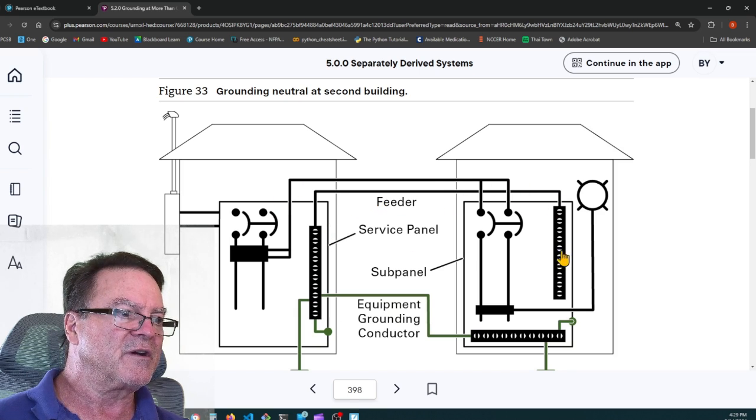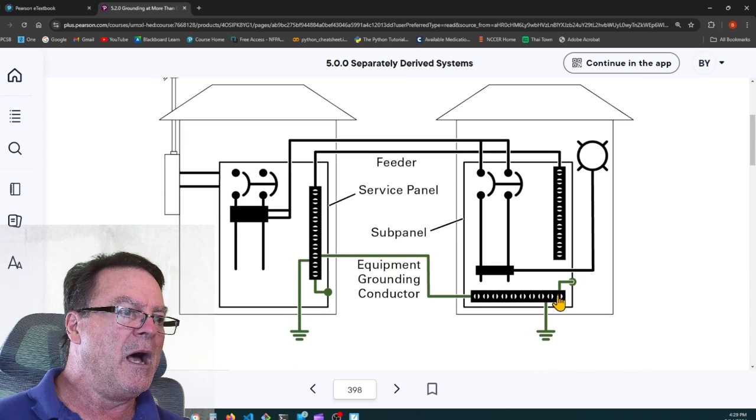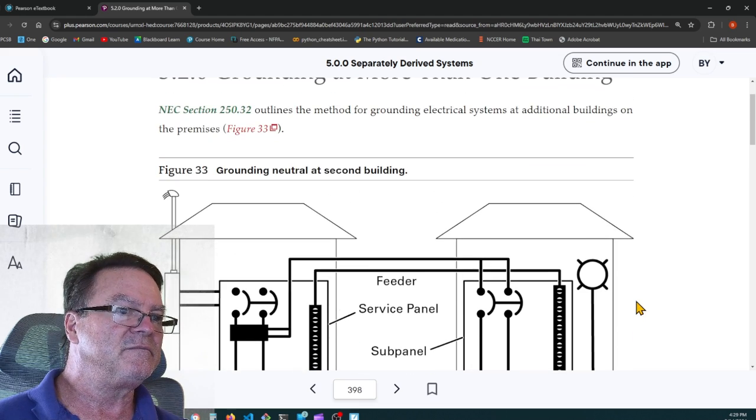Here is the neutral conductor going to the neutral bar, and then the equipment grounding conductor goes with it and goes to a grounding bus bar in the separate building. But they have, look, system bonding jumper on the secondary, on this sub-panel, and they're also going to earth ground at this sub-panel.